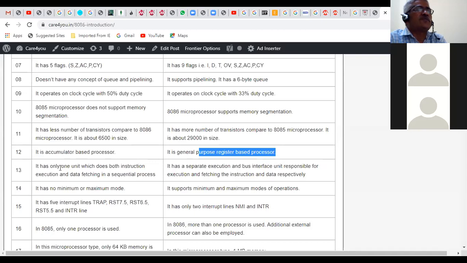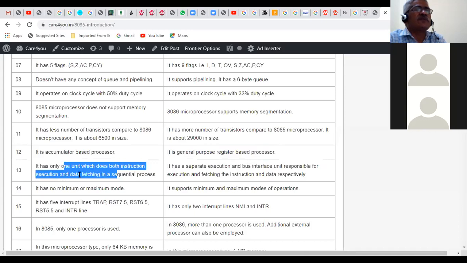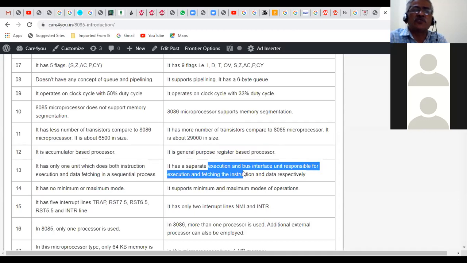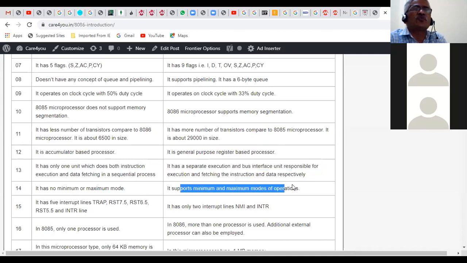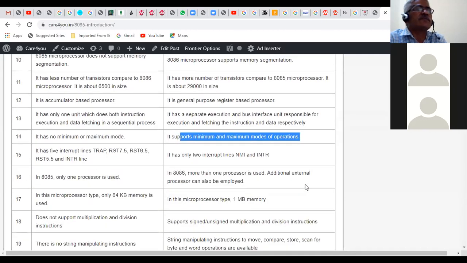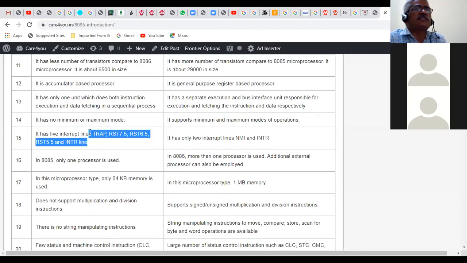You can read it yourself. Try to read it yourself before me. Only 1 unit in 8085, whereas we discussed yesterday that the 8086 has 2 units, the execution unit and the bus interface unit. Only 1 mode of operation, whereas 2 modes of operation in 8086. 5 interrupt lines in 8085, only 2 interrupt lines in the 8086.